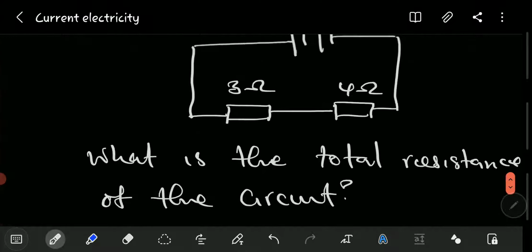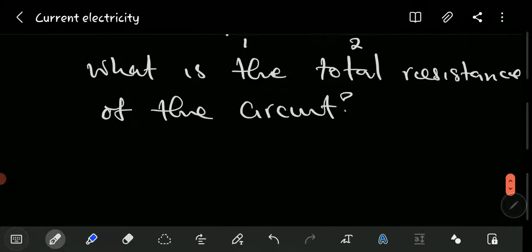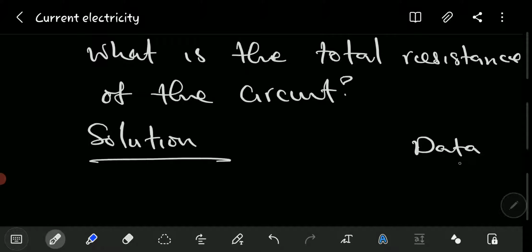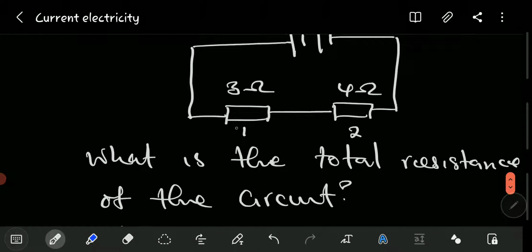So this particular circuit only has two resistors, which is 1 and 2. So in our solution, we can write down the data. We have the resistance of the first resistor.